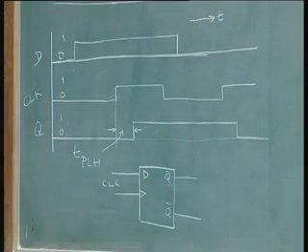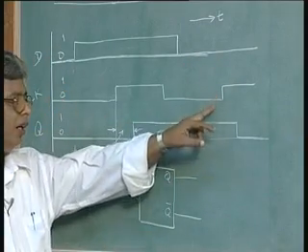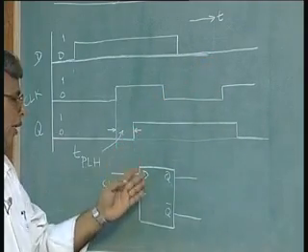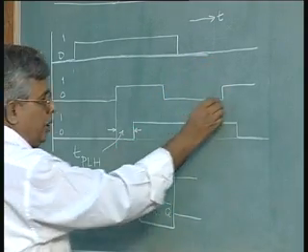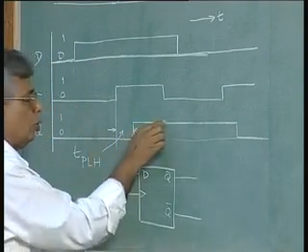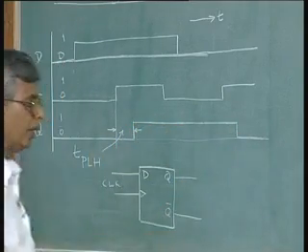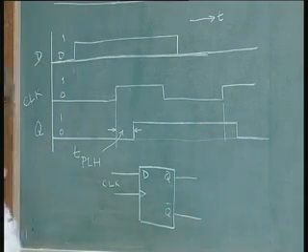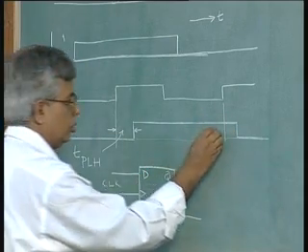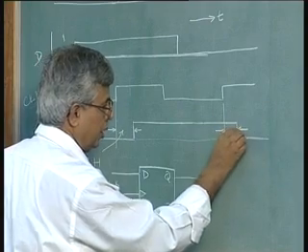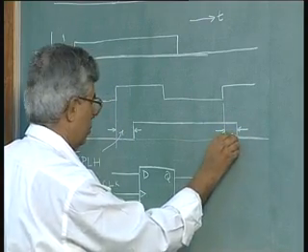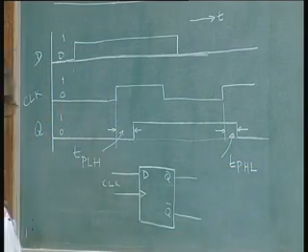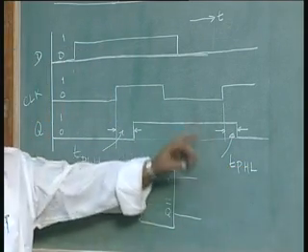D has already become 0 before the second clock edge, at which time the input signal will be transmitted to the output. That means the output Q will go from 1 to 0, again not immediately, with a little delay, called in this case TPHL. Propagation delay corresponds to the transition from high to low.